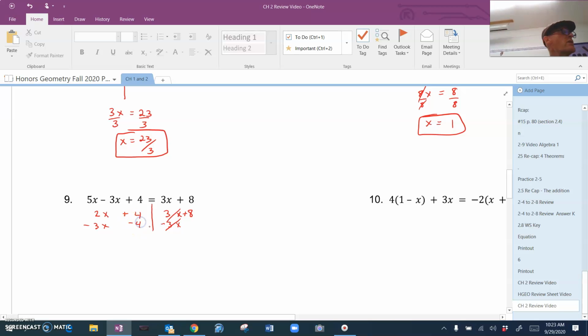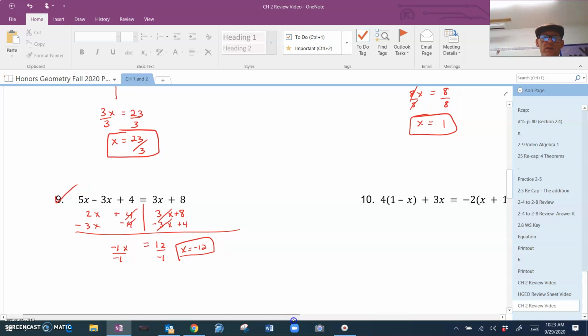I'll subtract the 4. And I get negative 1x on the left, and I get 12 on the right. Divide both sides by negative 1. x equals negative 12 is what I get there. Check. Number 10 looks a little more complicated, but not impossible.